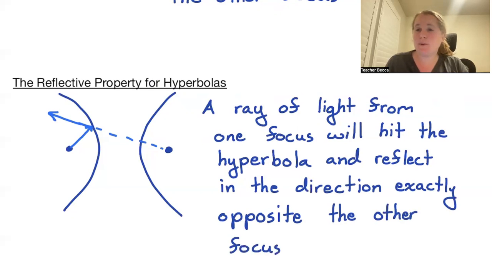So essentially, if you were somehow able to make the hyperbola invisible and yet still have light reflect off of it, it would look like the ray were coming from the other focus, basically. So this is an interesting trick that we have available.